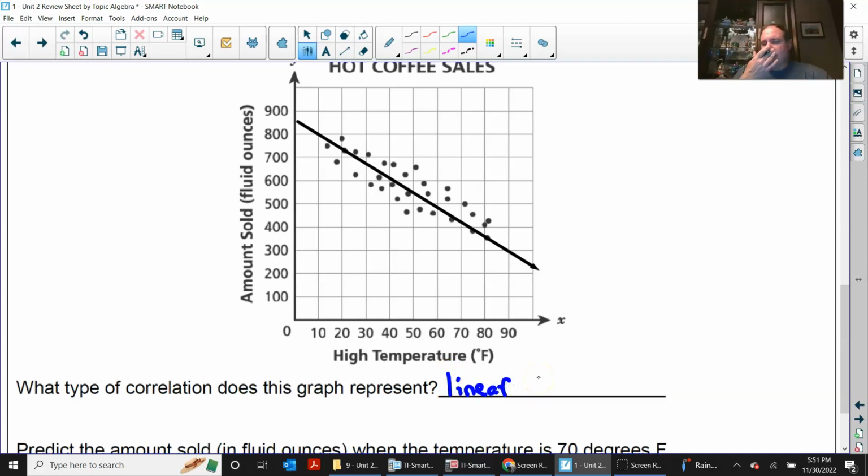We could say that this is kind of like, they're not going to ask you strong or weak, but it might be a little weak, right? Because it's not so much clustered around, but if you say strong, I would say okay, maybe it is strong a little bit, but I'm going to put weak.